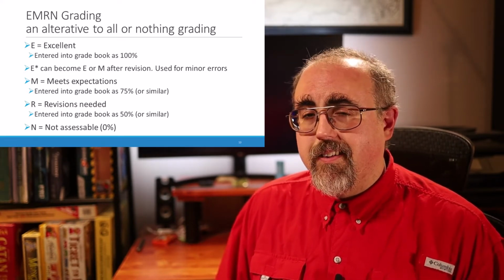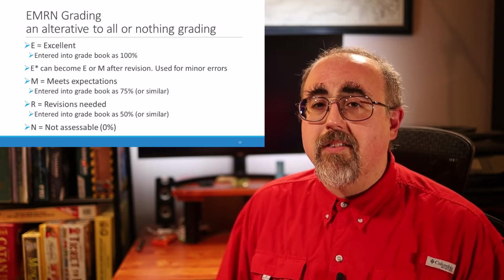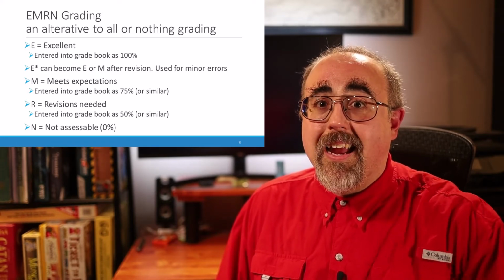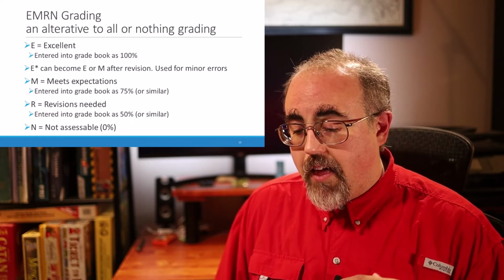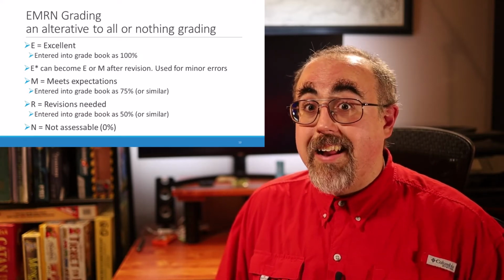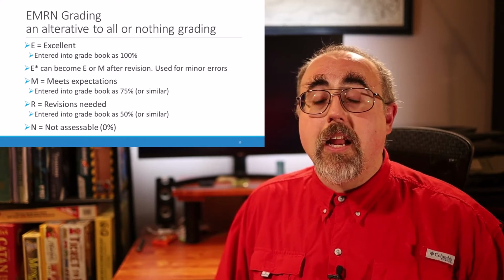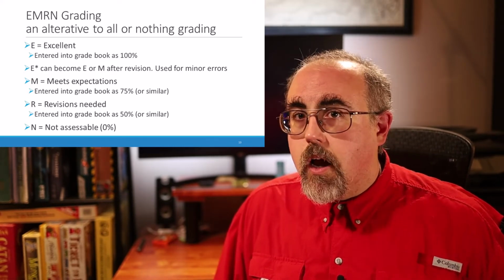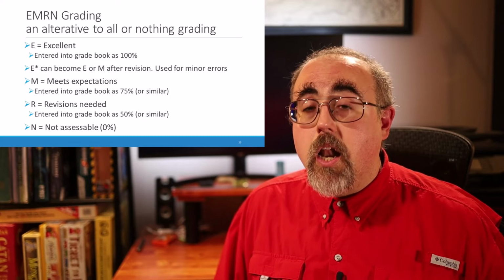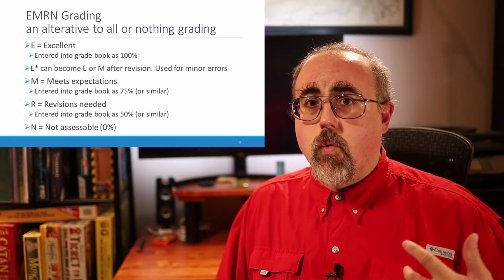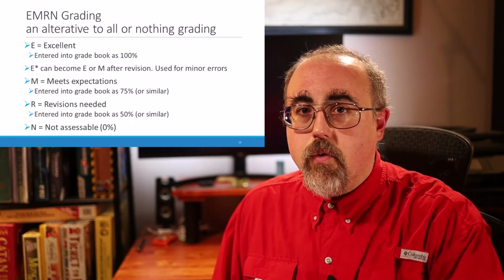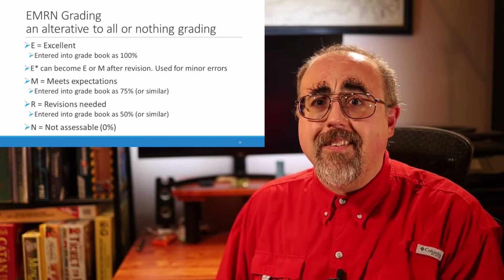This would probably get something like a 50% or something, a failing grade, but not a super failing grade. And then not accessible. For whatever reason, I can't grade this. This is so incomplete, I can't grade it. You didn't upload it, I can't grade it because you didn't turn the thing in. Or for whatever reason, it's just not gradable. And of course, that's a 0.